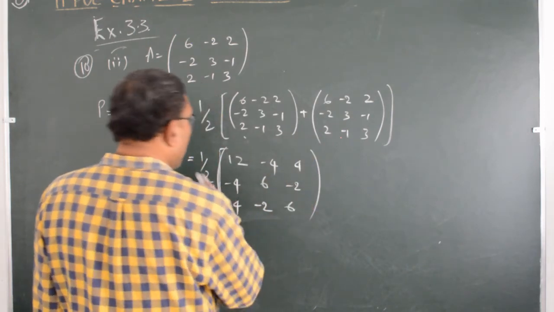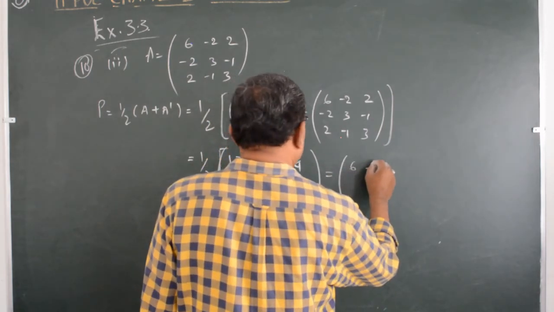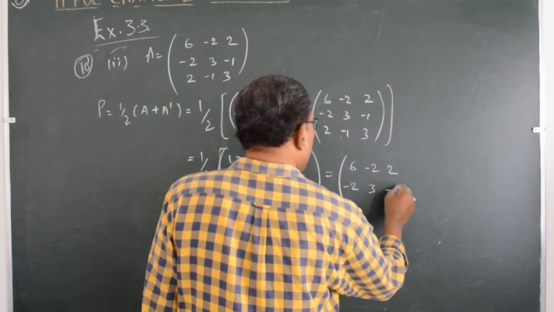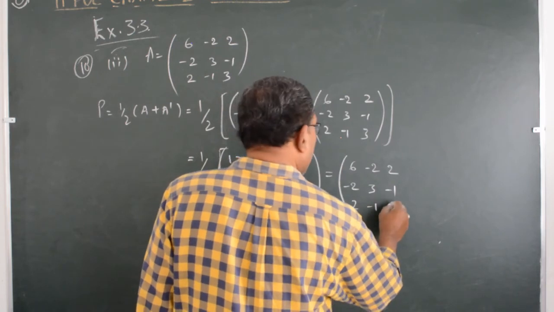I will take half inside, so this will be [6, -2, 2; -2, 3, -1; 2, -1, 3]. Okay.